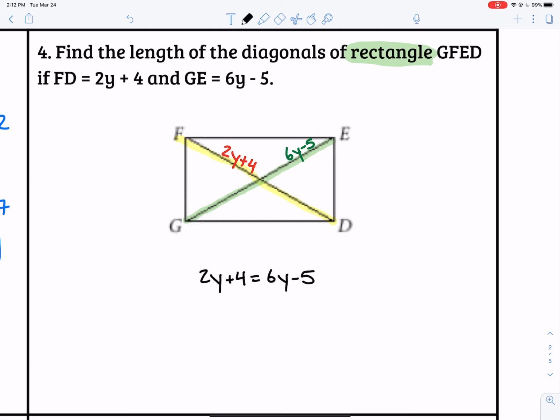And they have said to find the length of the diagonals. So we need to solve for y and then plug our value back in to figure that out. All right, so let's subtract 2y from both sides. We get 4 equals 4y minus 5.